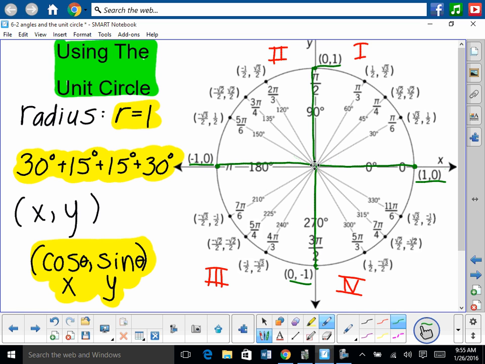Then I add 15 to get to 45. Then I add 15 to get to 60. Then I add 30 to get to 90. So it always goes in that order: add 30, add 15, add 15, add 30. Does that make sense, everybody, of where those angles are coming from? So it's a 30, 15, 15, 30 rule.